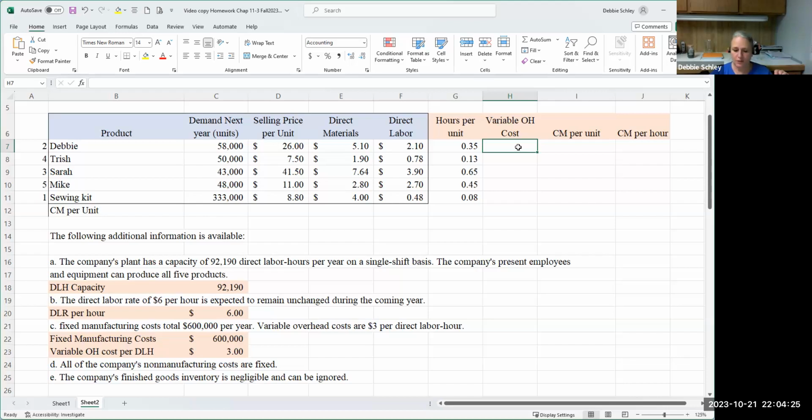And so for each one of these, I'm going to take the hours per unit times the variable overhead cost based on direct labor hours. And I'm going to anchor that cell. That way I can drag this down. And that tells me the variable overhead cost based on direct labor hours. Okay.